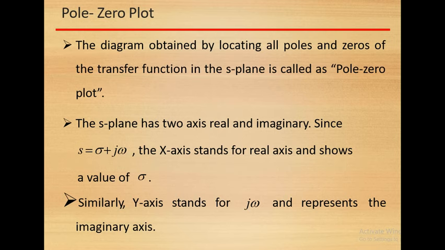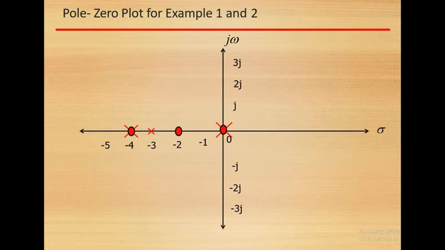Let us see the pole zero plot that we saw earlier in the previous example, just for revision purposes. See here, this is the pole zero plot where poles and zeros are represented on an S plane. This is your real axis, which is represented by sigma, and this is the Y axis, which is represented by j omega.